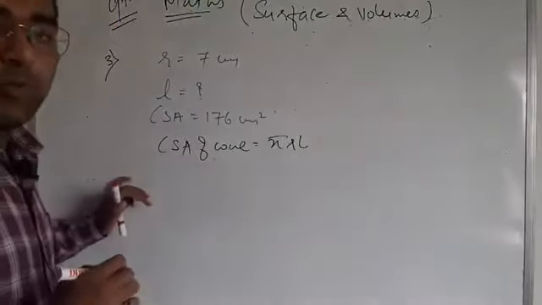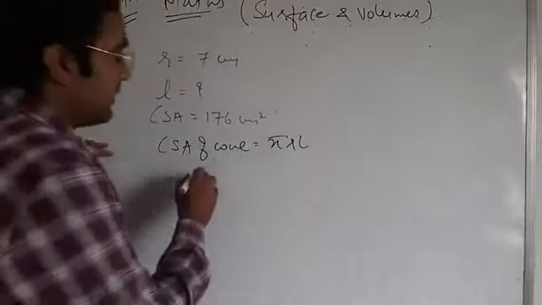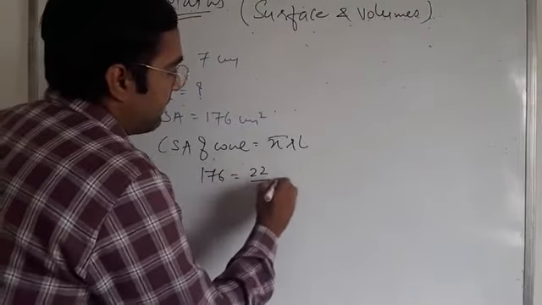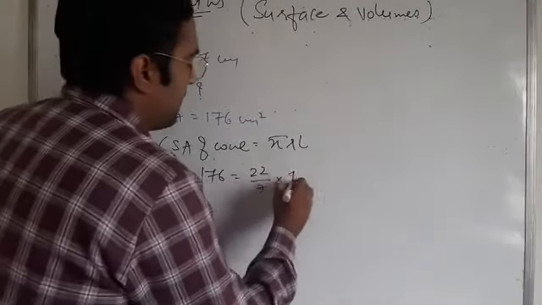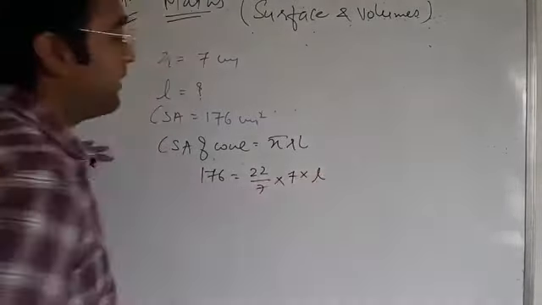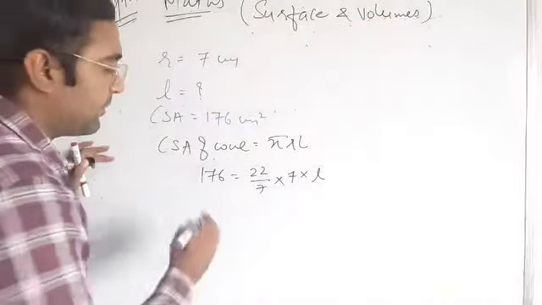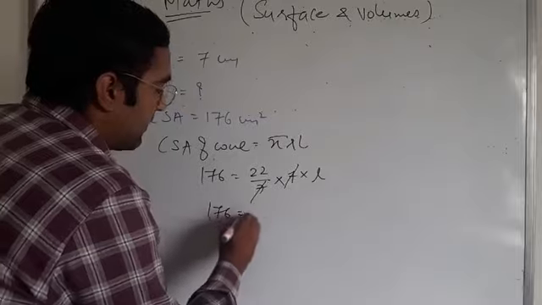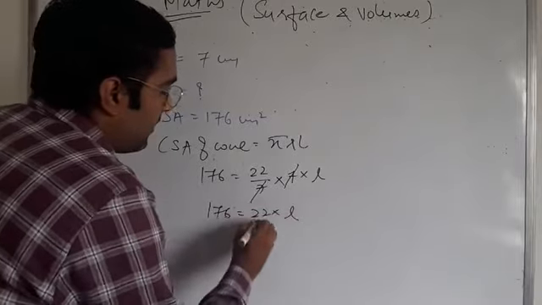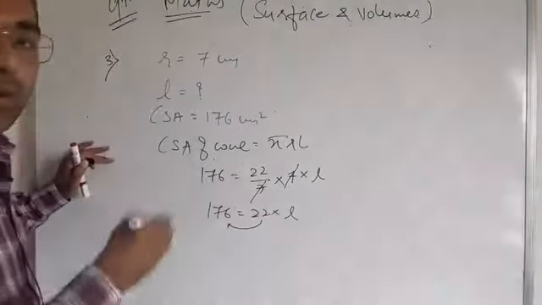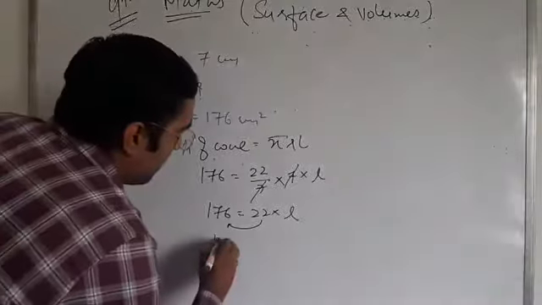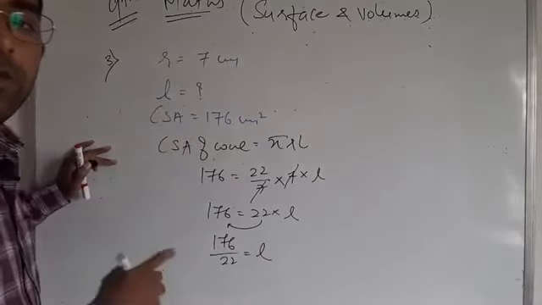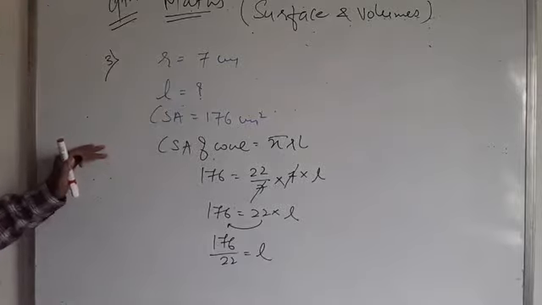Now we put the value of the curved surface area, 176, equals pi, that is 22/7, into radius 7, and we have to find the slant height L. So the 7s cancel out. 176 equals 22 into L. Now 22 shifted to the other side, so 176 divided by 22 is equal to the slant height.